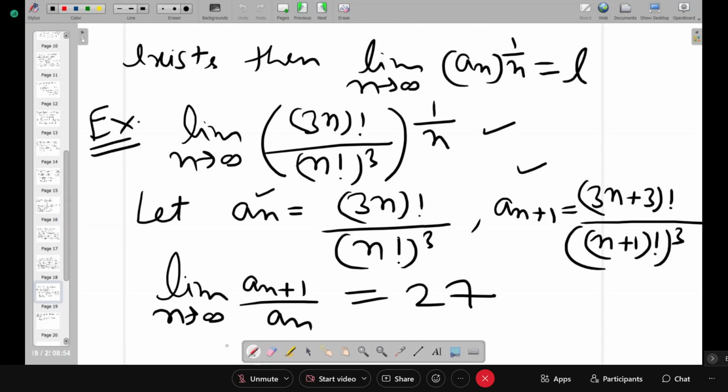So these are the various formulas for finding limits.